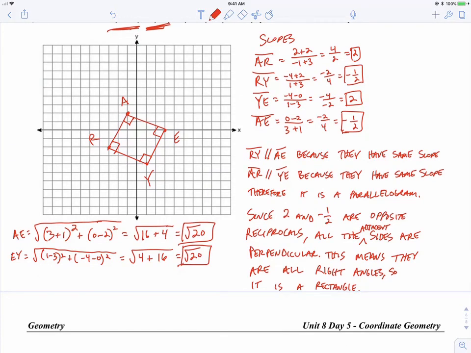So AE and EY are both the square root of 20, and I'll write them on there. You need to show that RY is the square root of 20. I'll let you try that on your own and see if you can get it right. It will indeed be the square root of 20. And then AR also is the square root of 20. So you should pause the video here and make sure that you can get both of those done. Go through the steps, okay? Pause the video and try that.